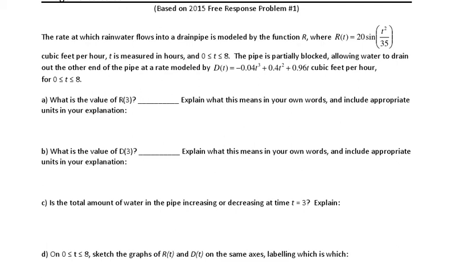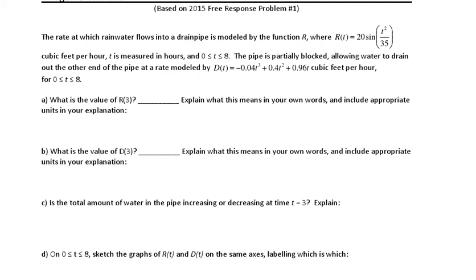Now, R of t represents water coming into the drain pipe, right? So water is entering the drain pipe at the rate of 5.086. And what did you say were the units? Cubic feet per meter. Cubic feet per hour, right? Yeah.